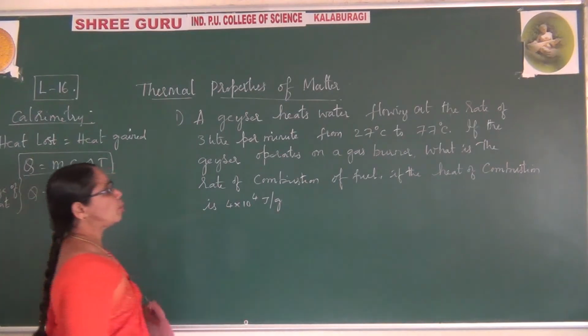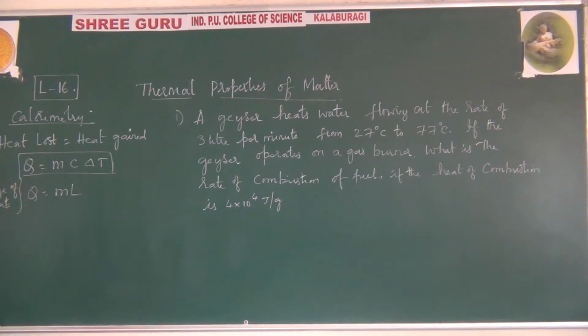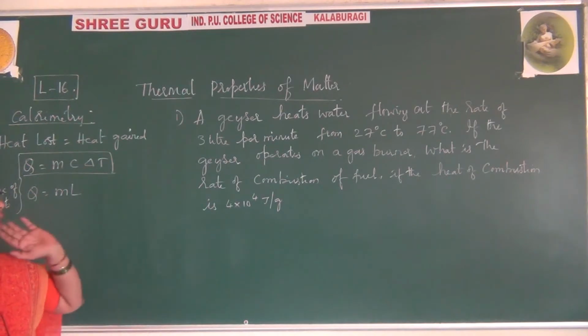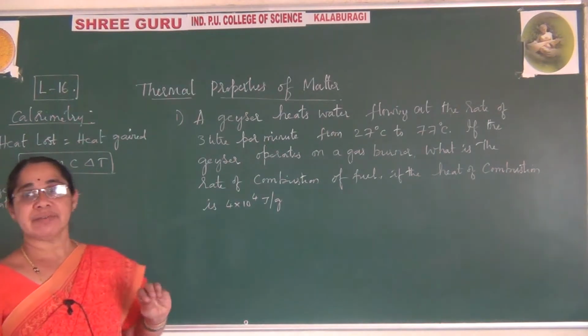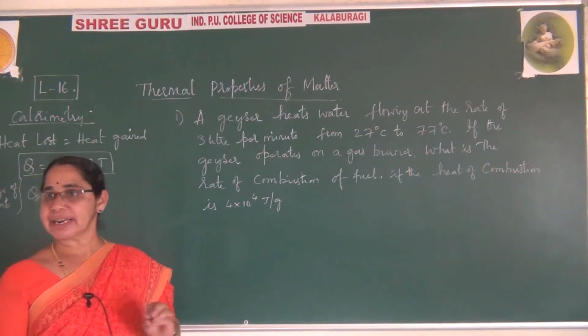So here in this problem they have given one geyser which heats water. You already know a geyser may be an electric geyser, or one you place on a gas burner. So here they have given a geyser which we are placing on the gas burner. Remember it is not an electric geyser.